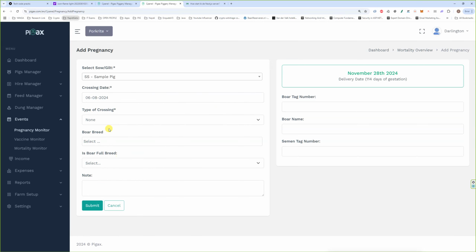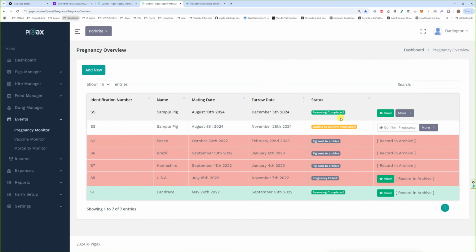I'm going to give it a boar ID, which doesn't matter, and then I'll click on submit. You see that the first process is waiting for farrowing. You don't even have the button here for farrowing because you're not on that step yet. It's a process because our system tries to make sure that certain things are in place before you start talking about giving birth.